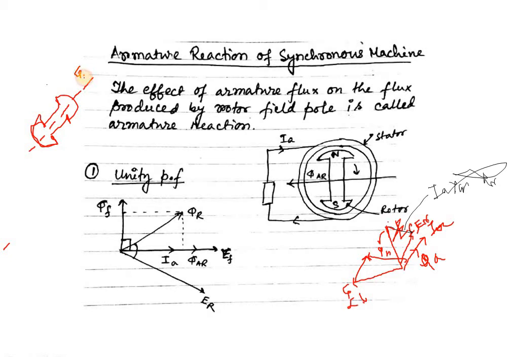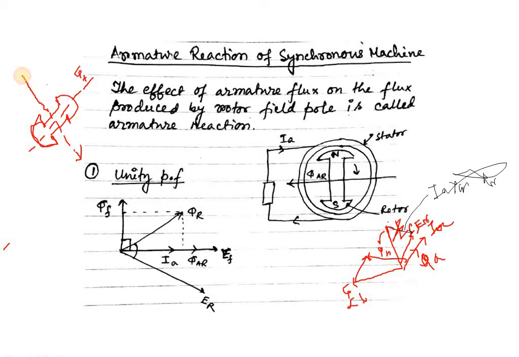So this is phi f, and when phi f is there, the EMF will be at a right angle, so definitely it will be 90 degrees from this phi f.